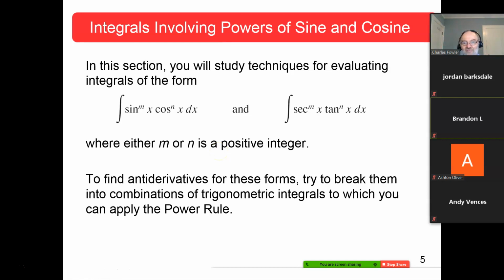We don't have them being fractions. We don't have them being decimals. Sorry. We don't have them being negative. They need to be positive integers.